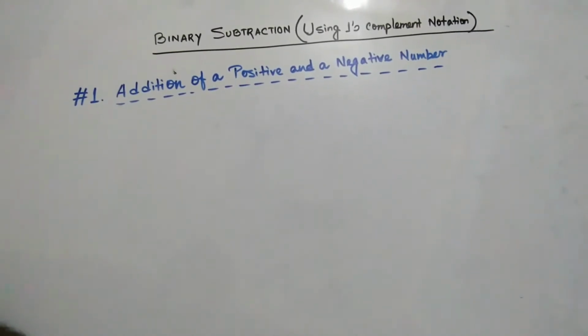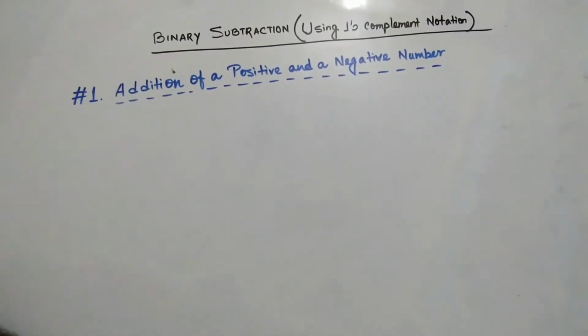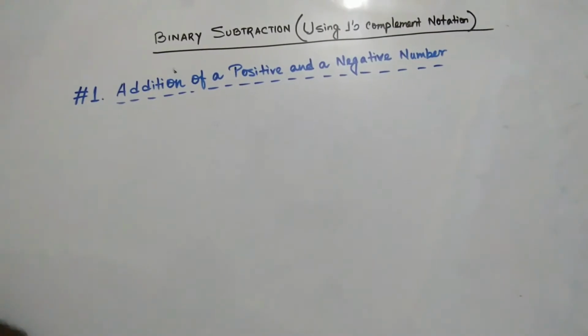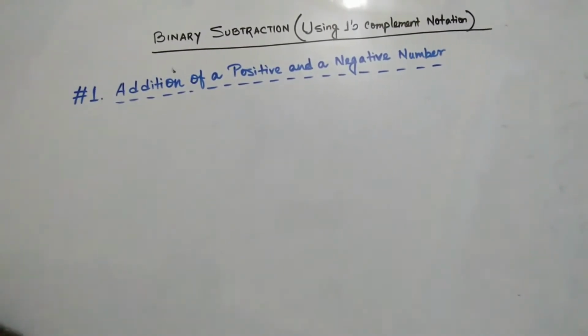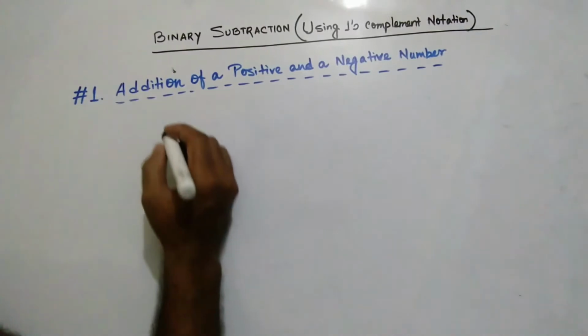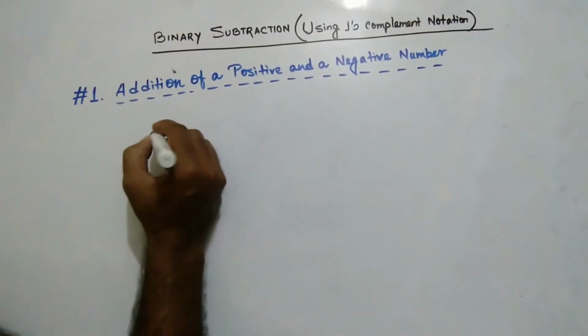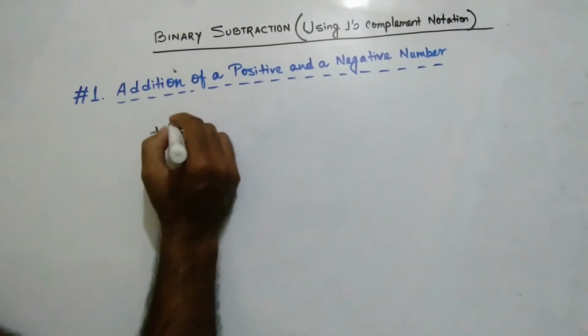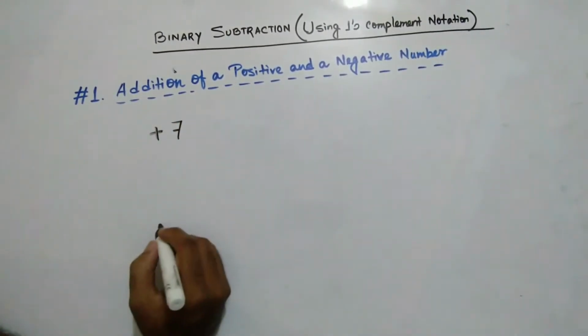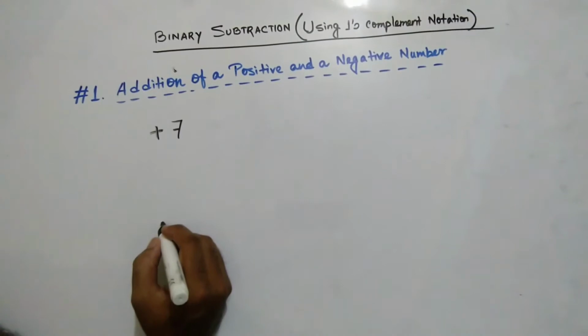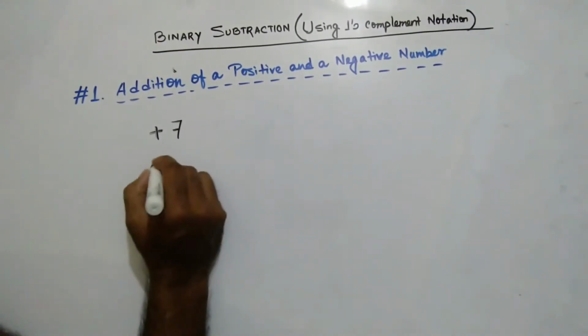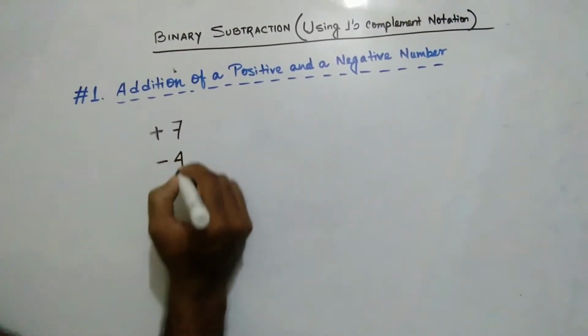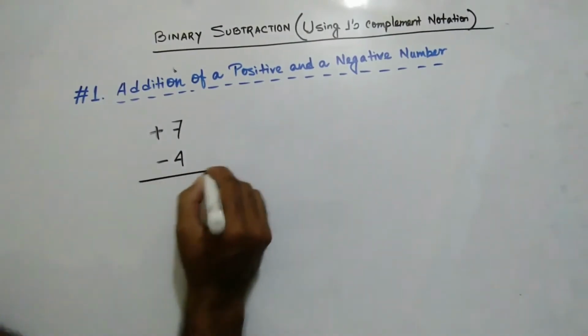The first case of binary subtraction is the addition of a positive and a negative number. Say, for example, we have a positive number with greater magnitude, 7, and a negative number with lesser magnitude, 4.